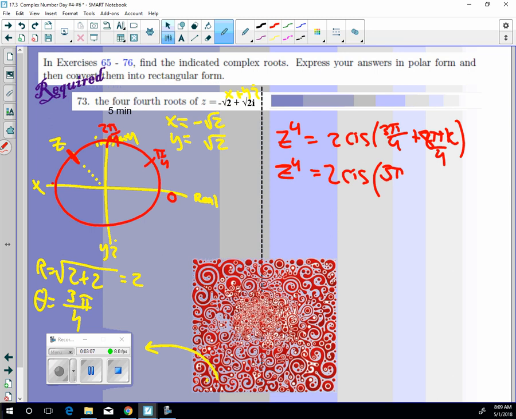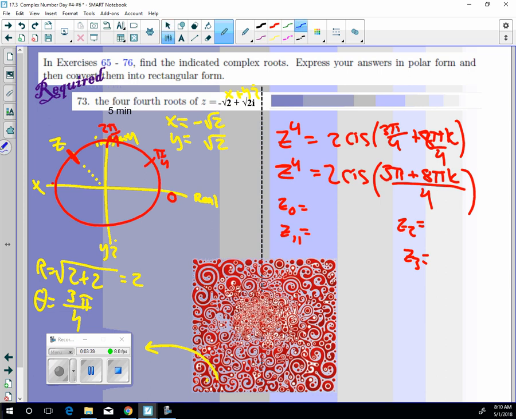So you have 3 pi plus 8 pi k all over 4. All right, so now we're all set to go. Z0, Z1, Z2, Z3. There's 4 roots, so that's going to be fine.